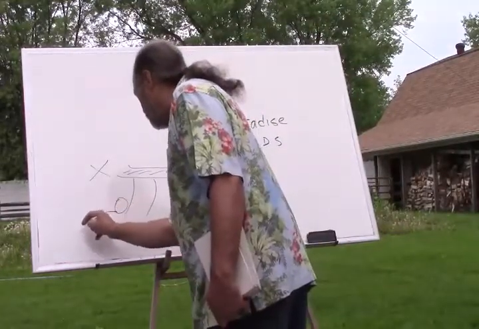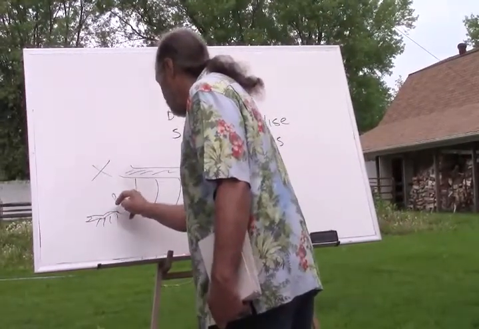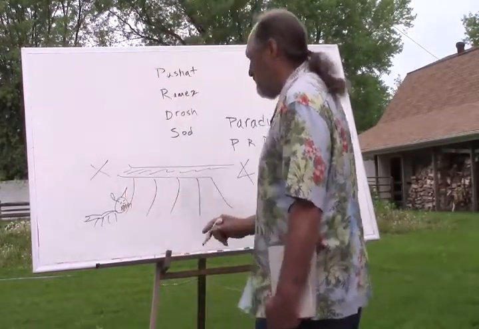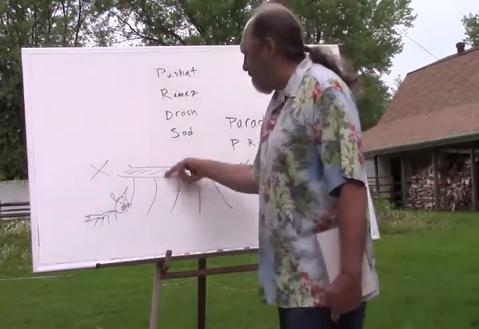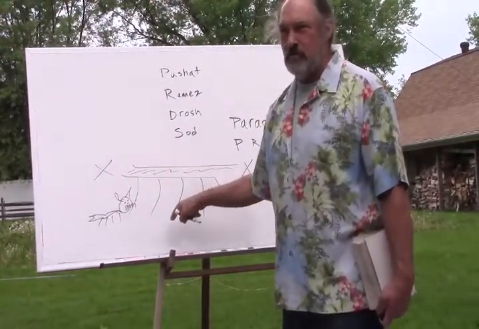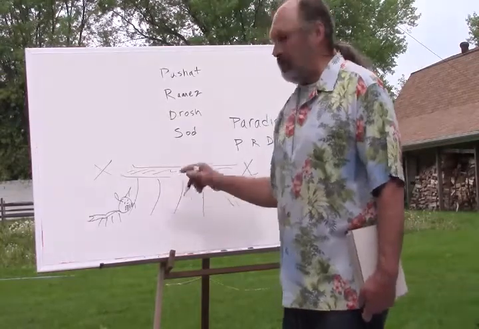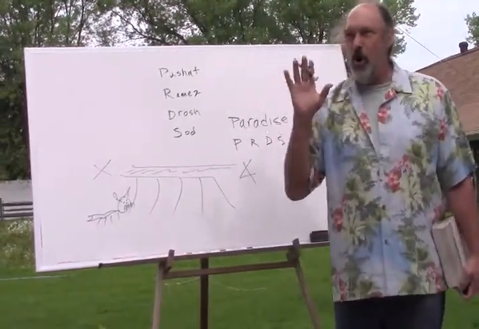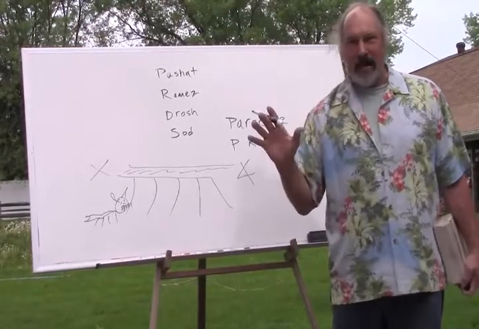So here we have this beast with these horns and these big teeth. And if you get off this path, his job is to devour you. And he goes about like a roaring lion, seeking whom he may devour.